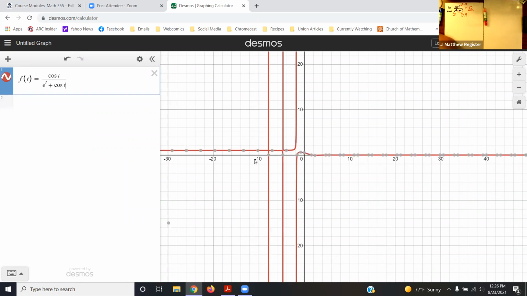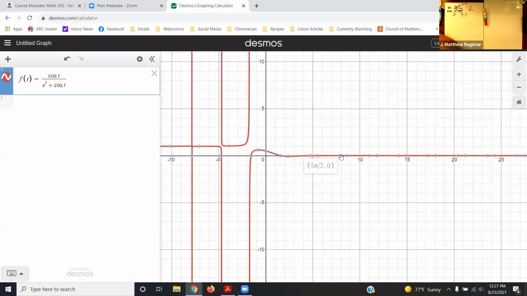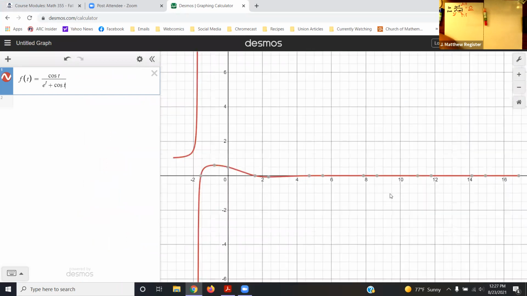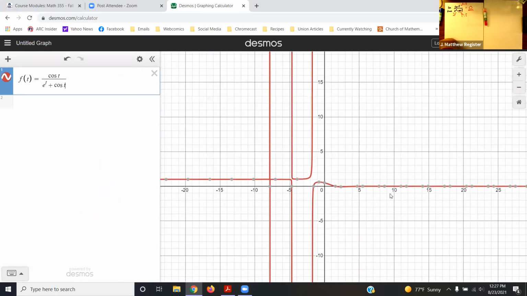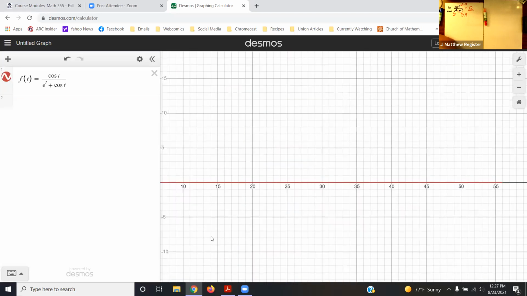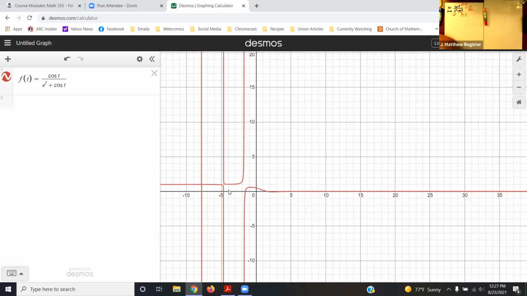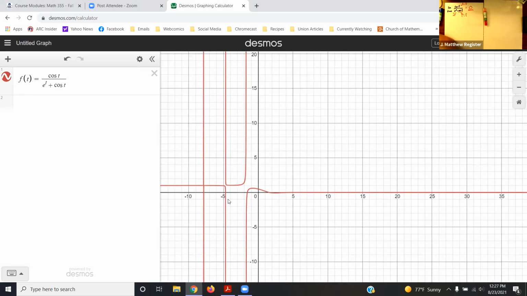Notice we have some interesting behavior on the left side, but on the right side, we don't have nearly as interesting behavior. It just goes to 0 very, very quick. E to the t is a very fast function, which means that it goes to 0 almost immediately. But you might be wondering what's happening on the left side.